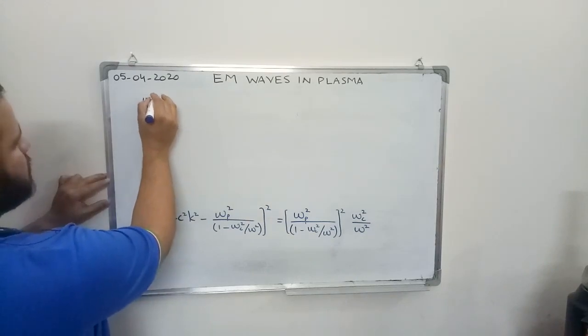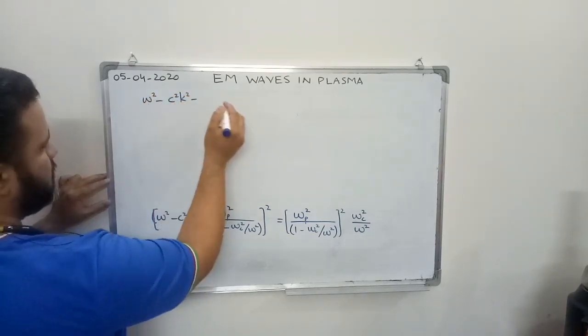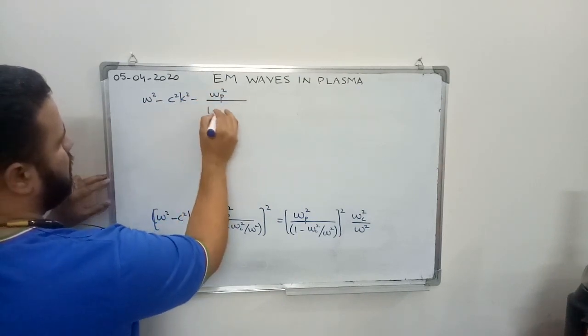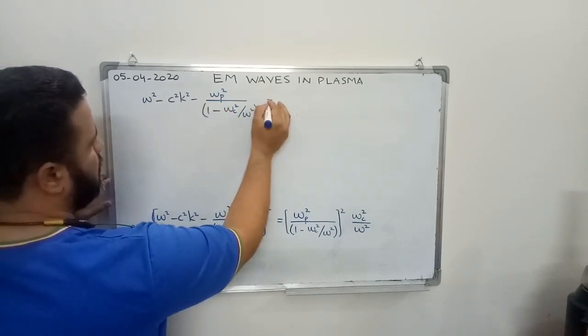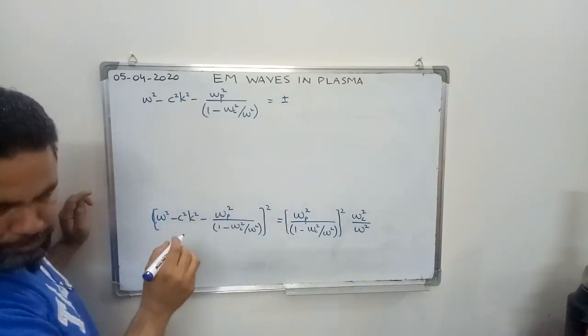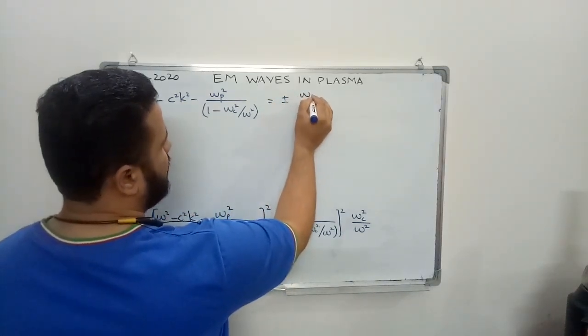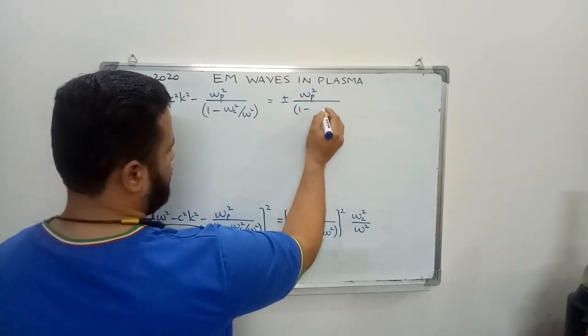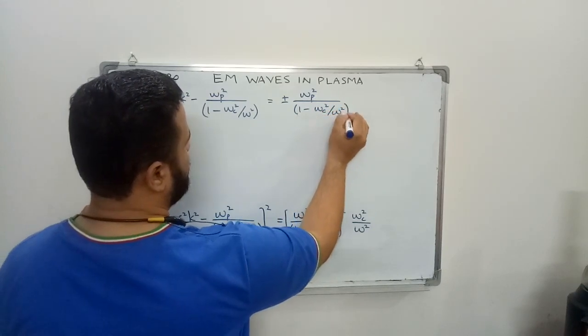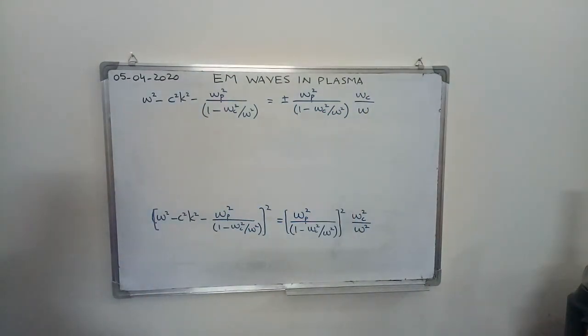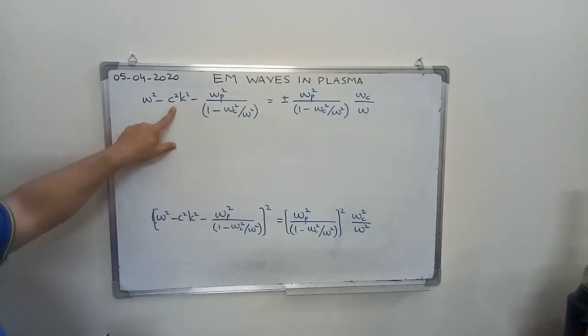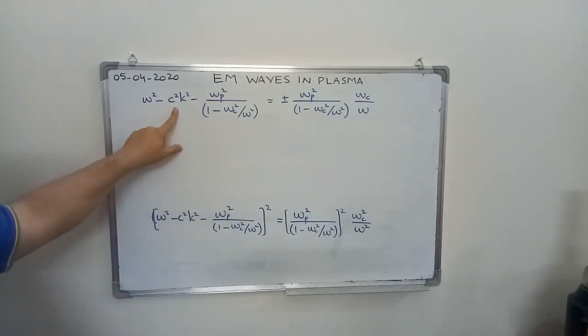So we are going to have omega square minus c square k square minus omega p square by 1 minus omega c square by omega square equals plus minus omega p square by 1 minus omega c square by omega square times omega c by omega. Now if we rearrange these terms, we will end up with, actually, we want to find the relation of c square k square by omega square.